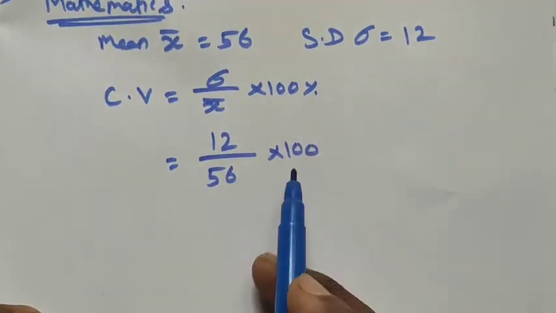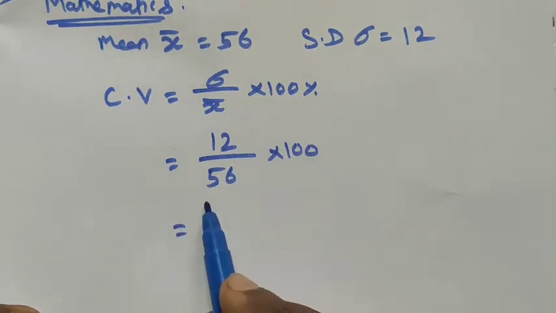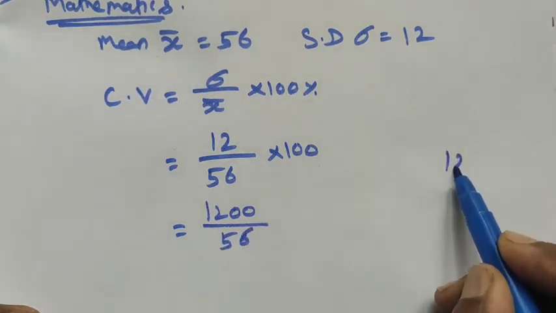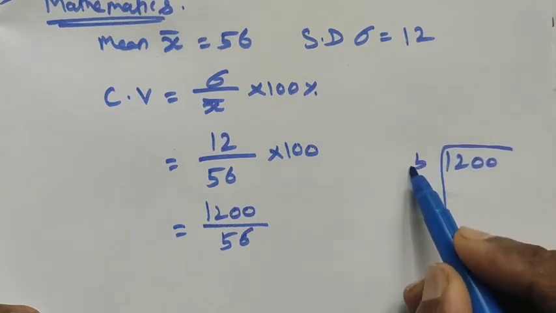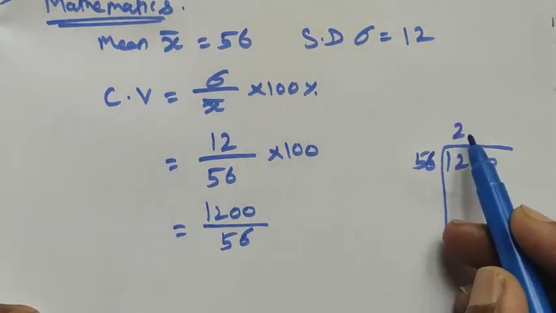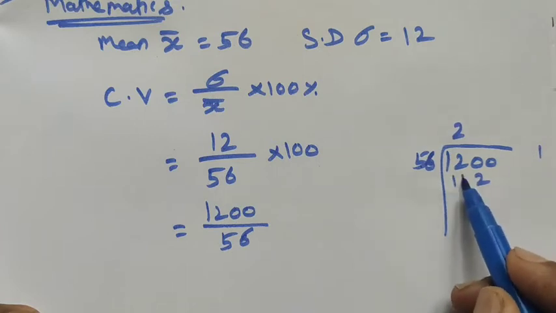Now we multiply this 100 with 12, we get 1200 divided by 56. Now we want to divide the term. 1200 is divided by 56. 56 2s are 112, 2 6s are 12, 2 remainder 1, 2 5s are 10 plus 1 is 11.